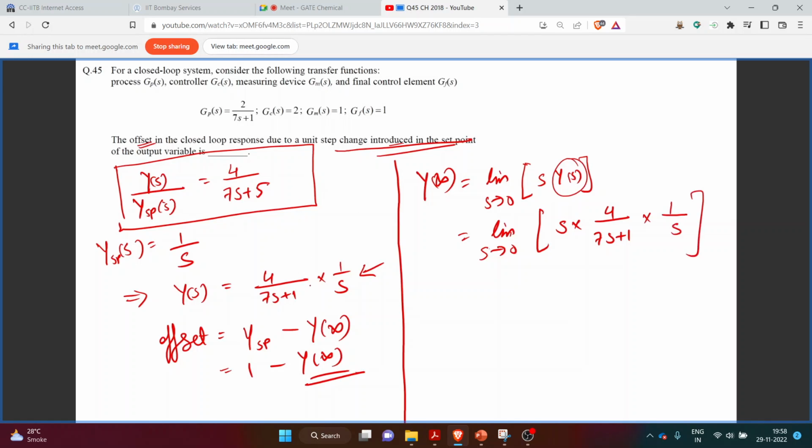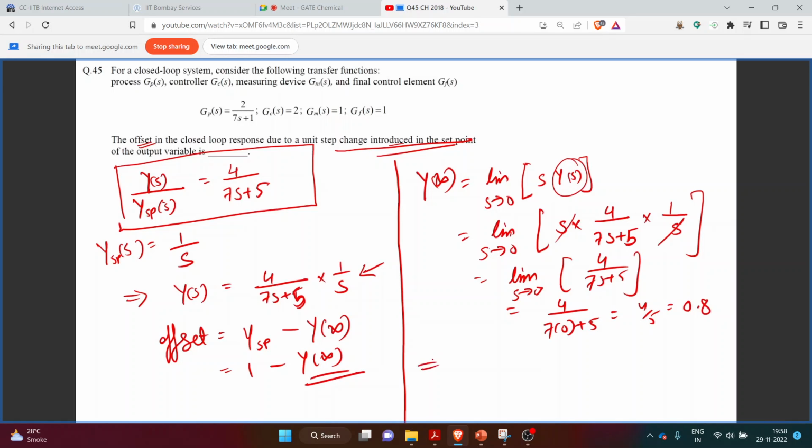So this s will get cancelled out, and we will have limit s tends to 0 of 4 upon 7s plus 5. So this will be equal to 4 into 7 into 0 plus 5, that is 4 by 5, which is equal to 0.8. That implies our offset for the system will be 1 minus 0.8, that is 0.2.